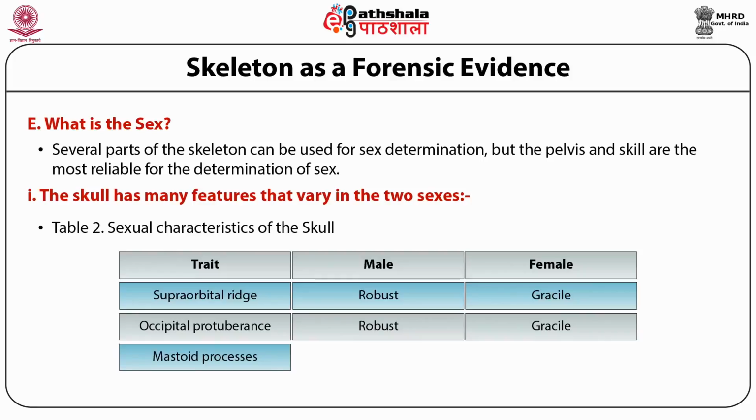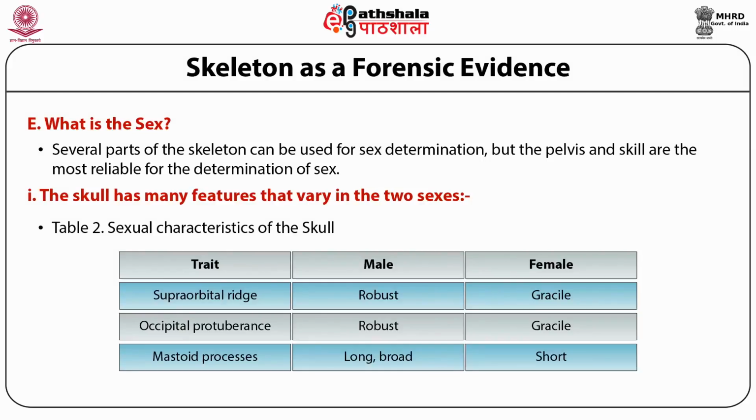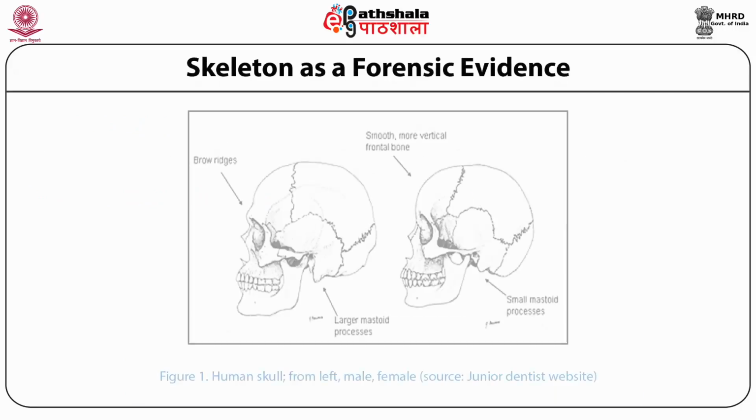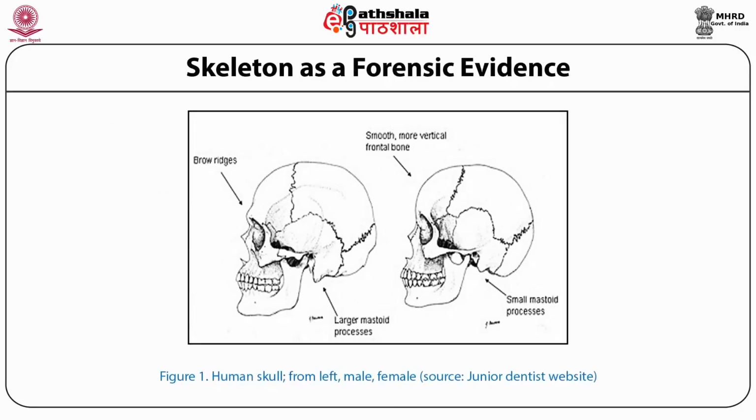The mastoid process, the bony process behind the ear canal, is long and broad in the case of male, whereas in the case of female, it is short. The chin in the case of male is U-shaped and square, whereas in the case of female it is V-shaped. See the figure, it shows the human skull of male and female.